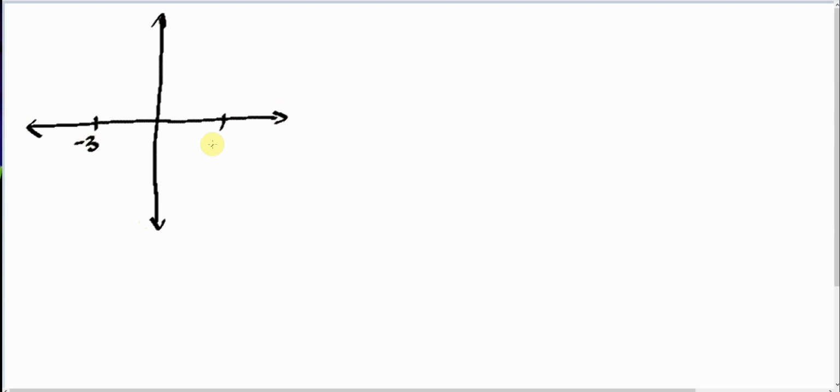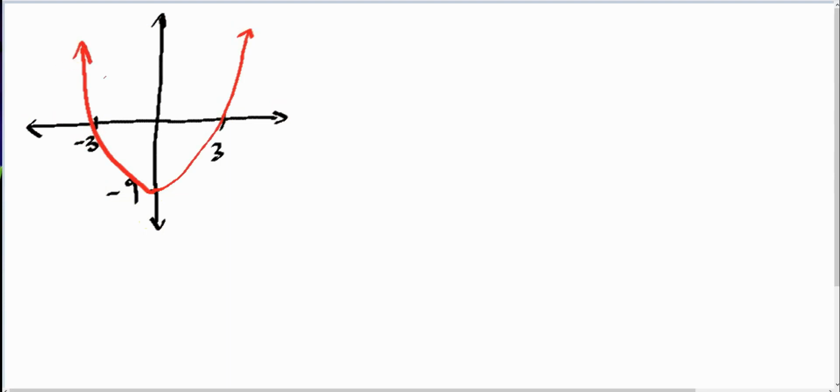Now we will look at how to actually analyze a graph. Maybe I am given a sketch of a graph, and I just want to identify the equation of the graph. So I can sketch a graph here which has -3 and 3, and maybe it has a point here of -9, and you will have a drawing that looks like this.